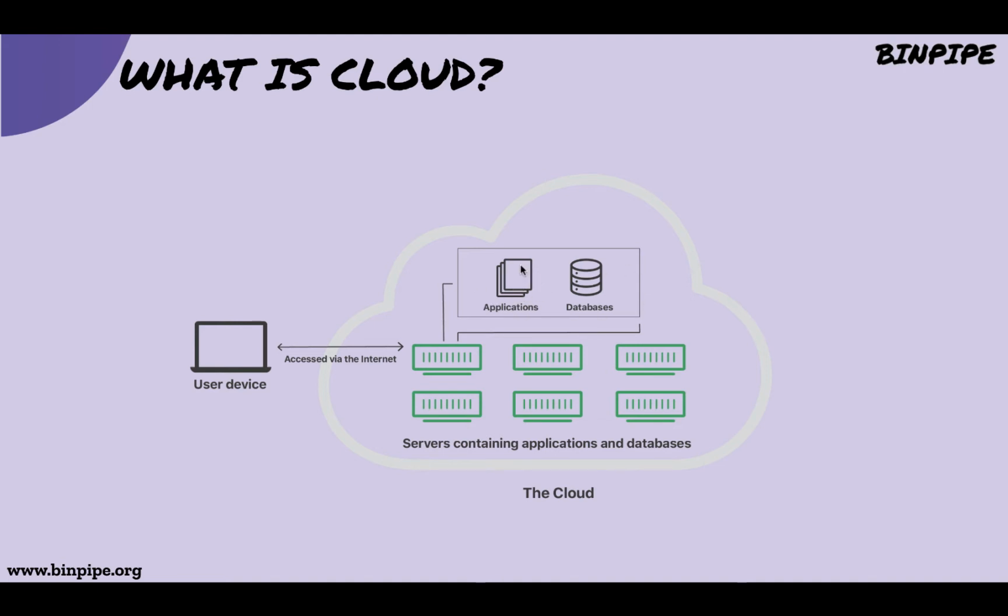Now you have to deploy your app and databases on it, and the cloud provider would also ensure access to your cloud servers to the internet, so that your customers or your users can access your applications and resources from outside. And another thing that is important in the cloud is flexibility.